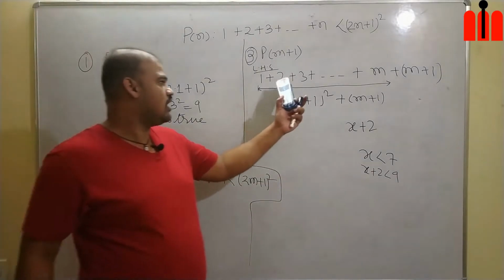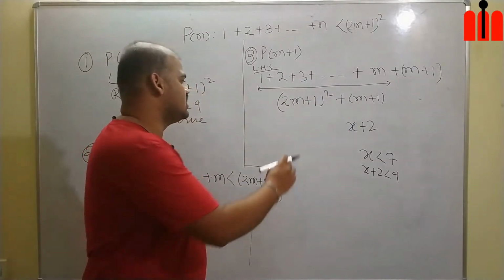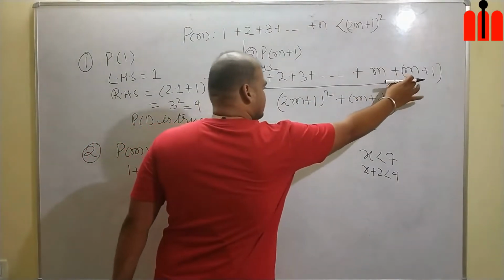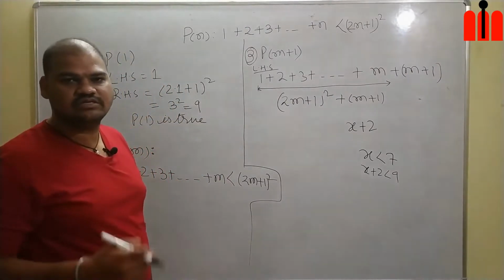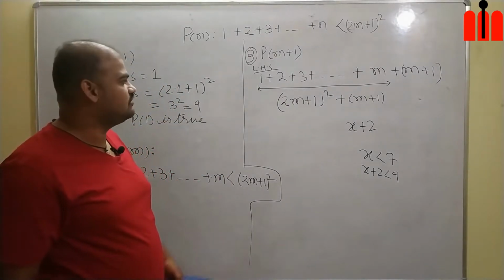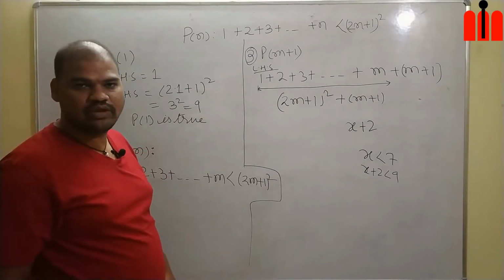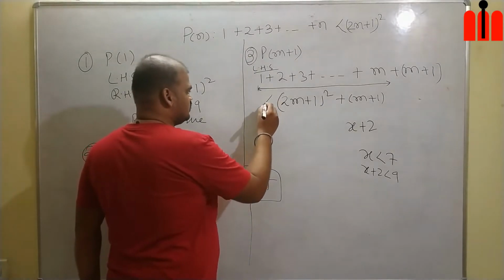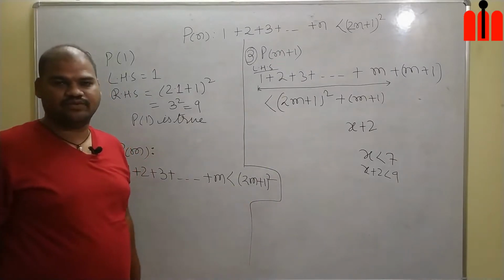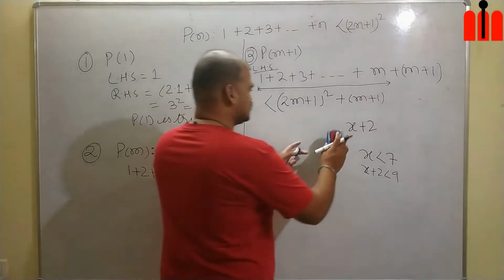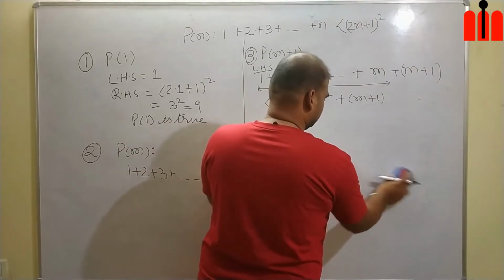Or I can say that this value is less than this, and this m plus 1 is the additional term which has come due to P(m+1). So this is not an equal-to sum, this will be a less-than. Now let us solve it.